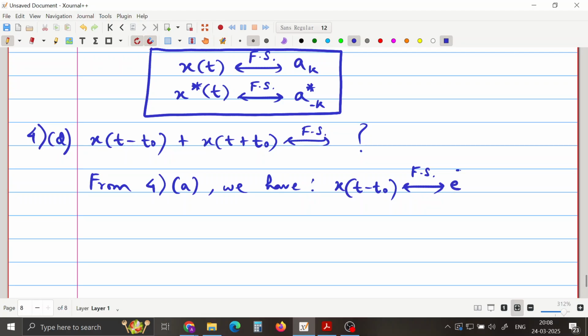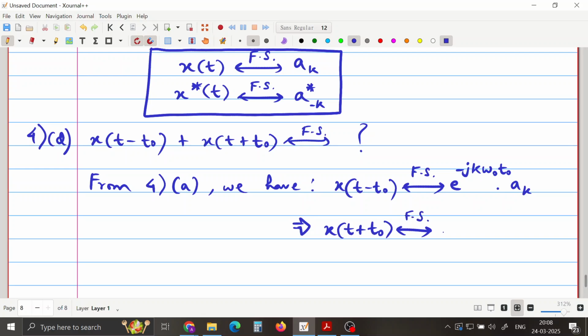So it's e power minus jk omega naught t naught into a_k. Now what will be the corresponding Fourier series coefficient for x of t plus t naught? Simply replace t naught by minus t naught. You just add a negative sign here.